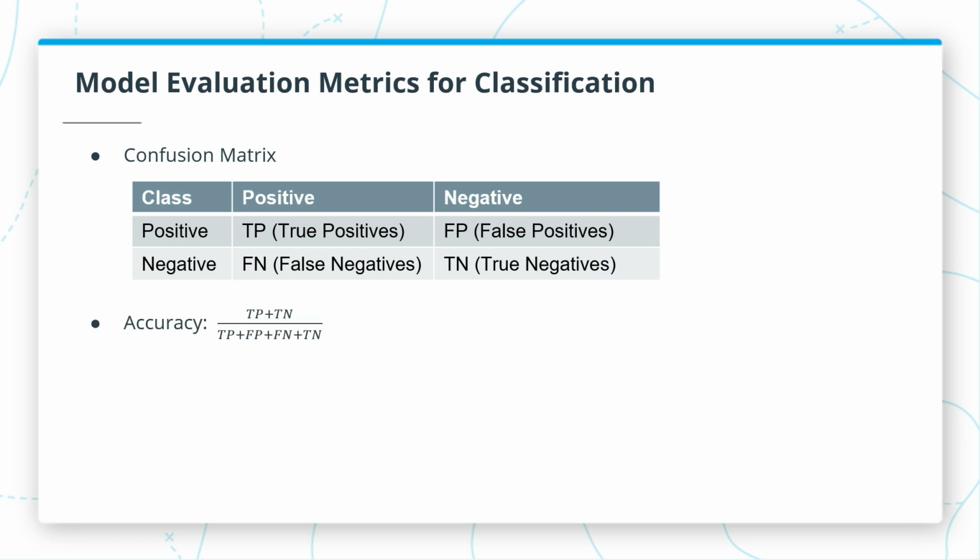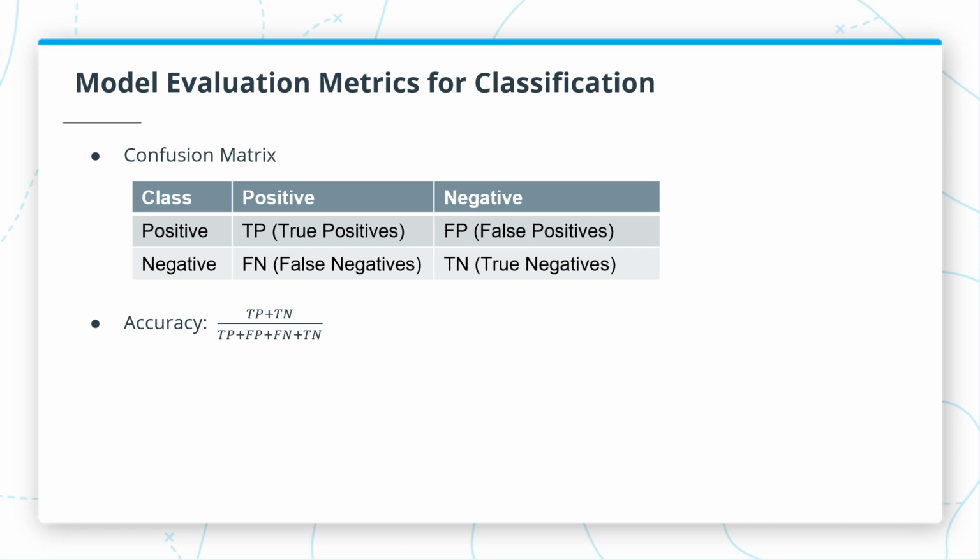One of the metrics that is commonly used is accuracy, which is basically the proportion of correct predictions. So you add the true positives with the true negatives, and then you divide by the number of all cases, and that will give you the accuracy.